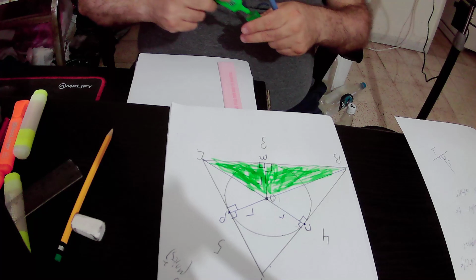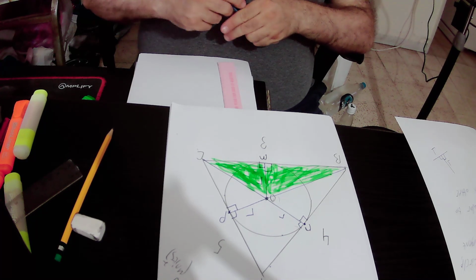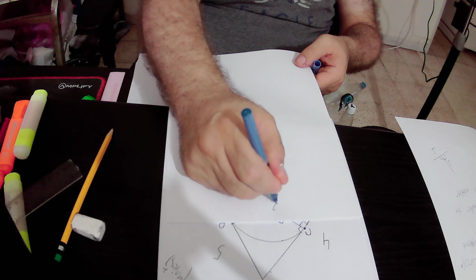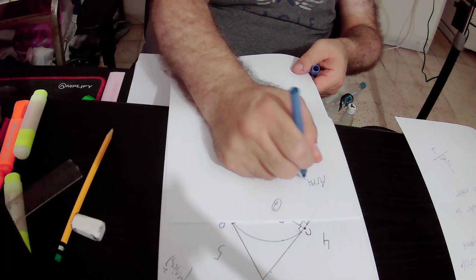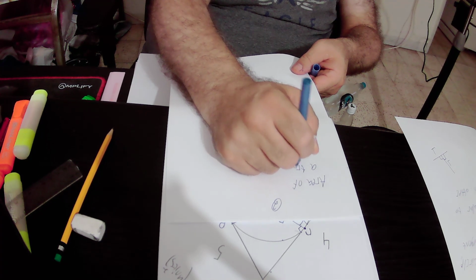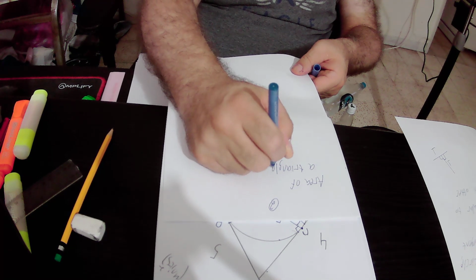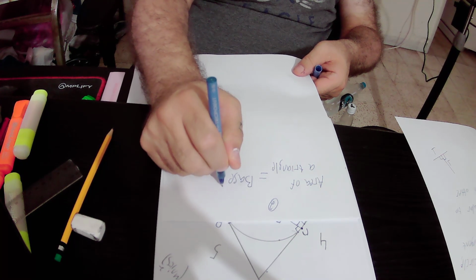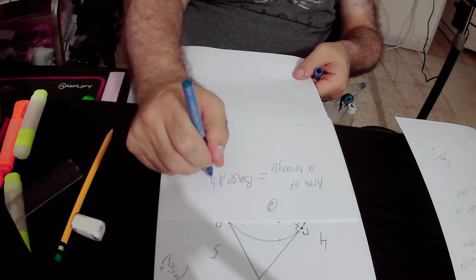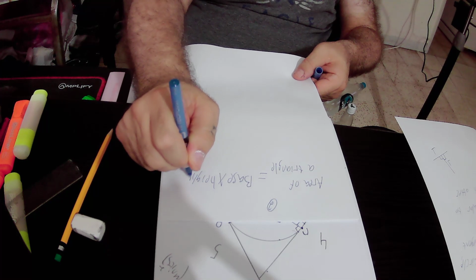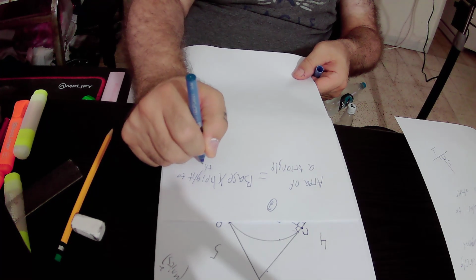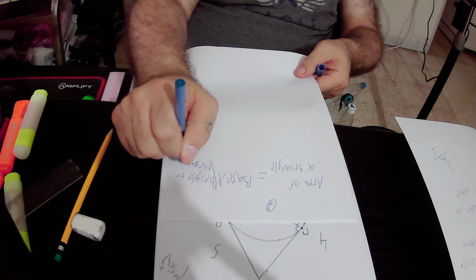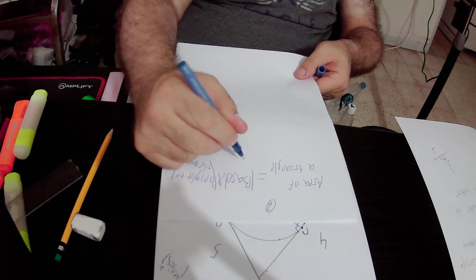As you already know, the area of any triangle equals the base of the triangle times the height to the base divided by 2.